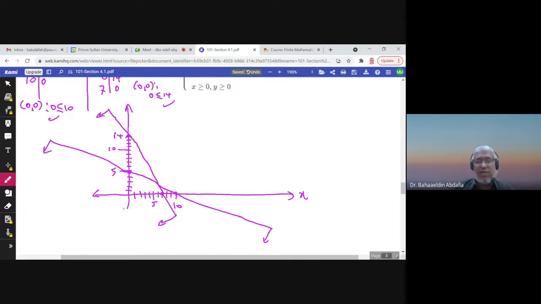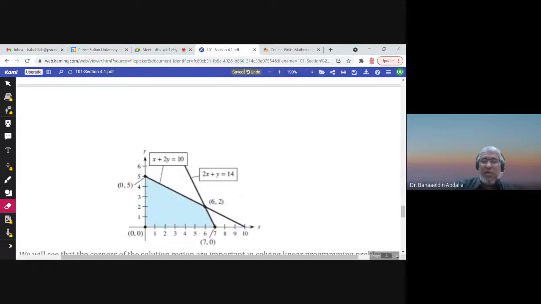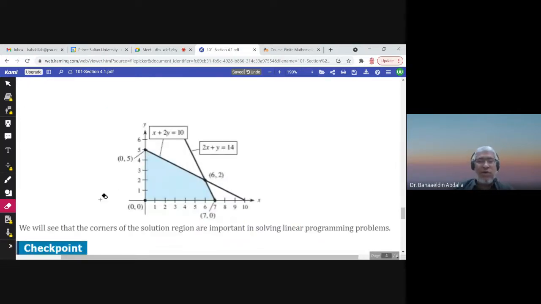You notice that the region that satisfies both is this region: x is greater than or equal to 0, y is greater than or equal to 0, and it is below this line, and it's also below this line. So that's the region. This is the solution of this inequality, and you can see it here in a nice way.